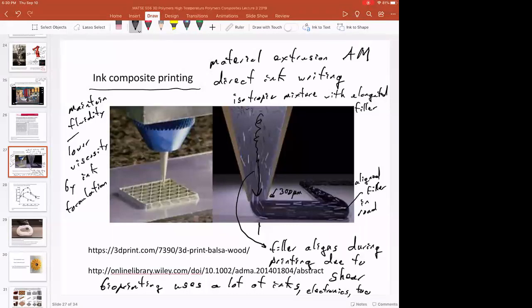You can put cells in these inks, and so the cells can live through the material extrusion AM process. So if you're interested in biotechnology printing or organ printing or biomedical printing, this is something you might want to take a look at. And this is just material extrusion AM that's done in a different regime.